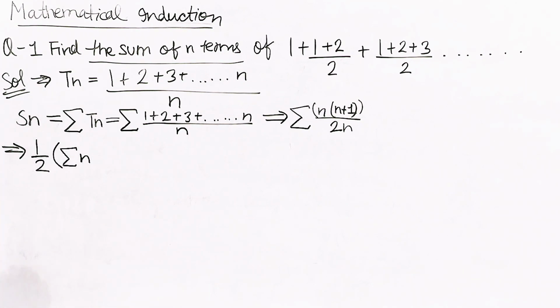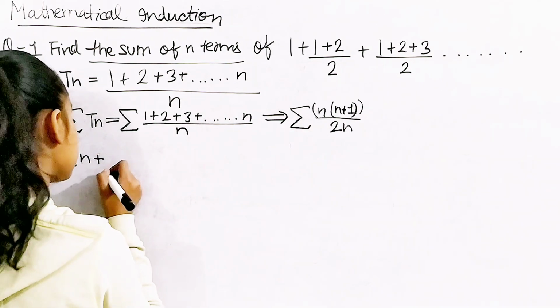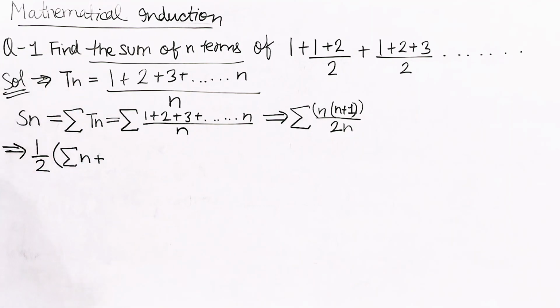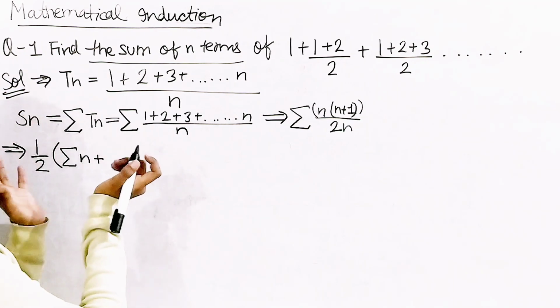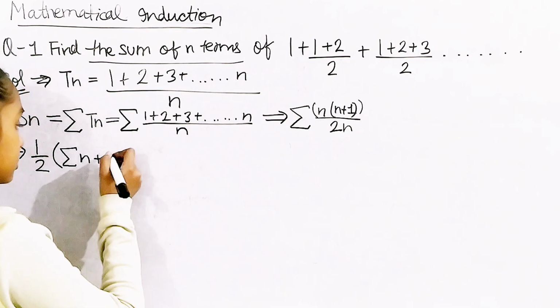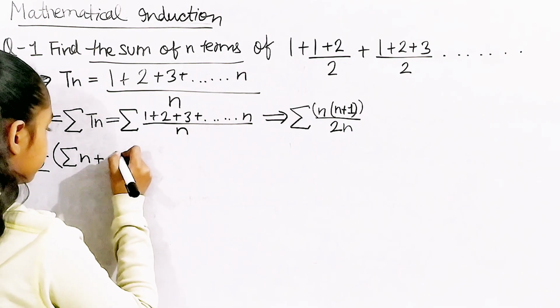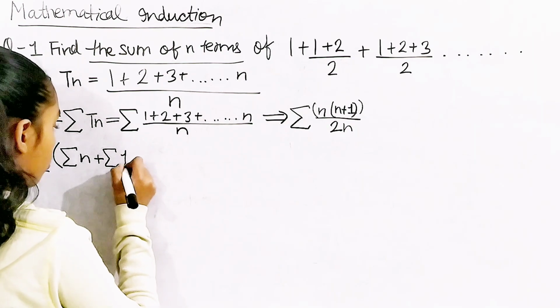Got it? Okay, so the next one we will say according to this statement. I thought to make it a little bigger, but I think it's alright. Now again sigma, and now 1.